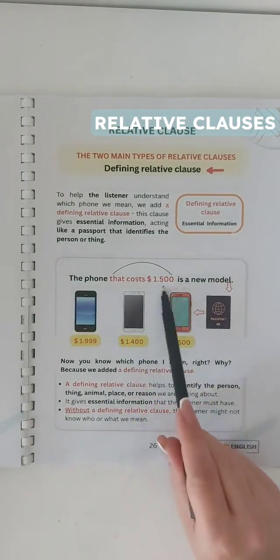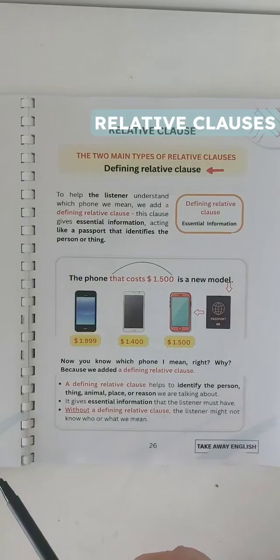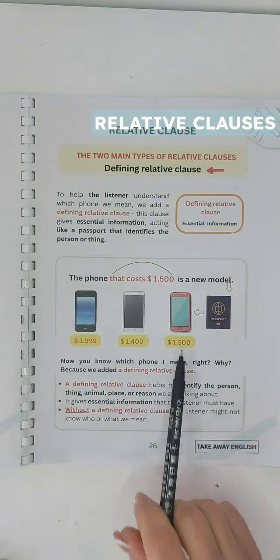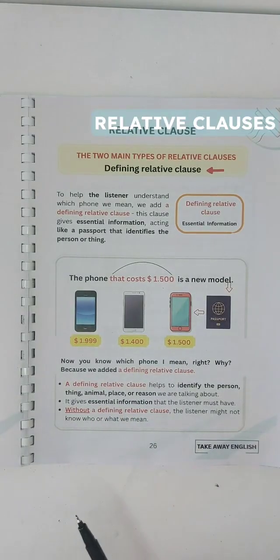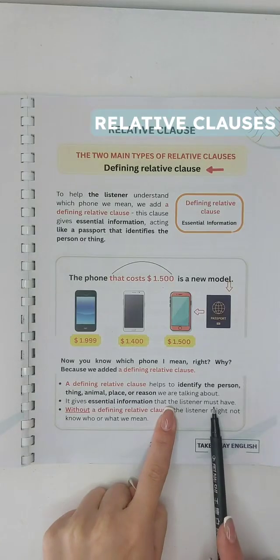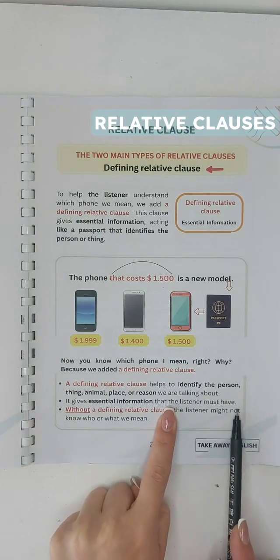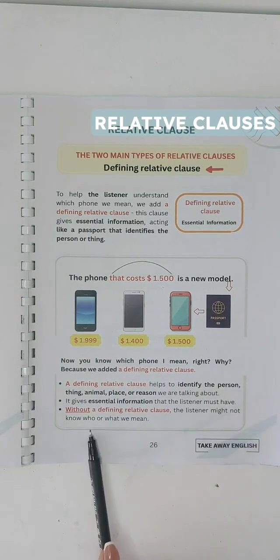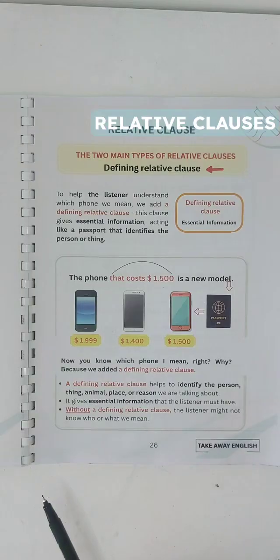Essential information, a passport is here, right? Now we know which phone is a new model, the one that costs 1,500, right? So it gives essential information that the listener must have. Without a defining relative clause, the listener might not know who or what we mean, which phone we mean, right?